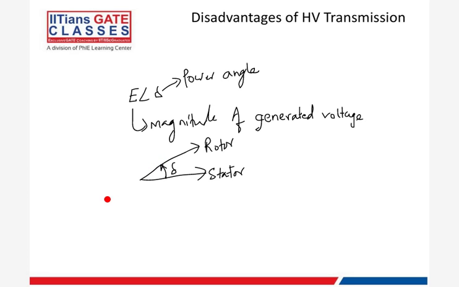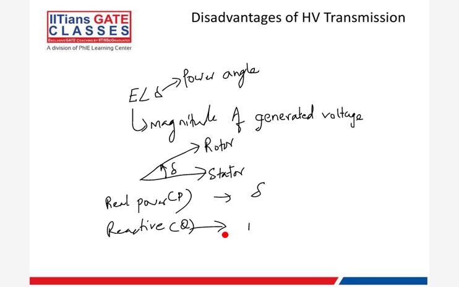The real power is P, and the real power depends on delta, right? And reactive power Q depends on P. These are all things that you are familiar with, right?